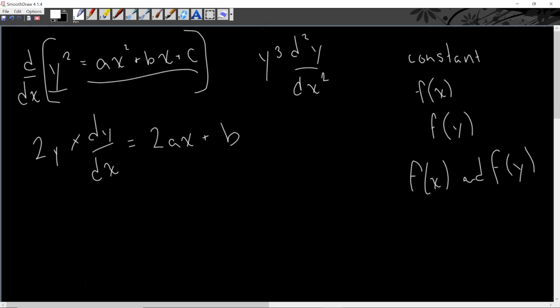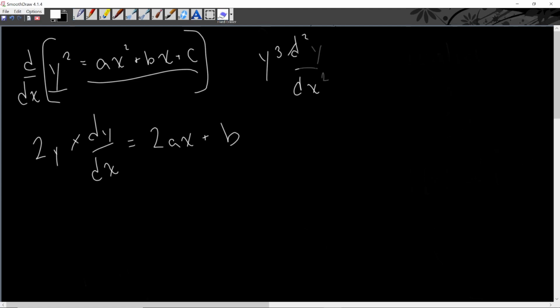And now we're going to get a little bit crazy. So this 2y dy/dx can also be written, well, we're trying to get to d squared y over dx squared. So we're going to have to do this derivative over again, right? And when we do this derivative again, we're going to have the derivative of the first times the second.